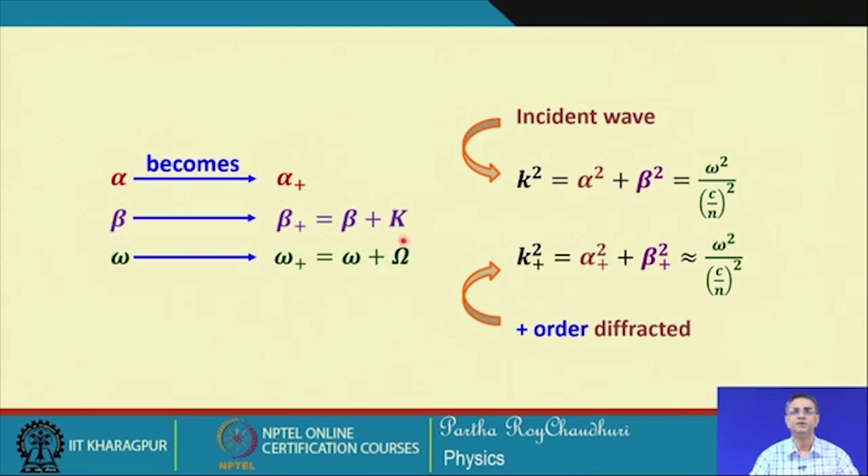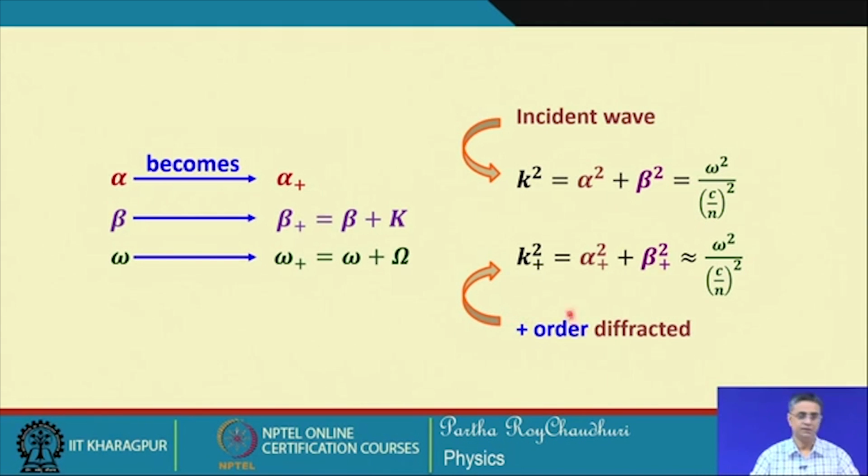That is the same, because you can neglect capital omega: omega is of the order of 10 to the power of 14 or 15 hertz, whereas this is only 10 to the power of 5 or 6 hertz, megahertz. So you can easily neglect this, and they approximately become the same. So k plus squared and k squared are actually equal.